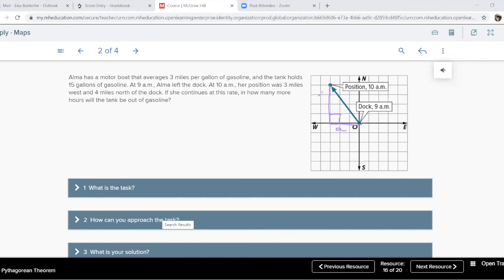So that would be A, B, and C. So now let's count and see how long our A is. So our A would be 1, 2, 3. Technically, it'd be a negative 3, right?